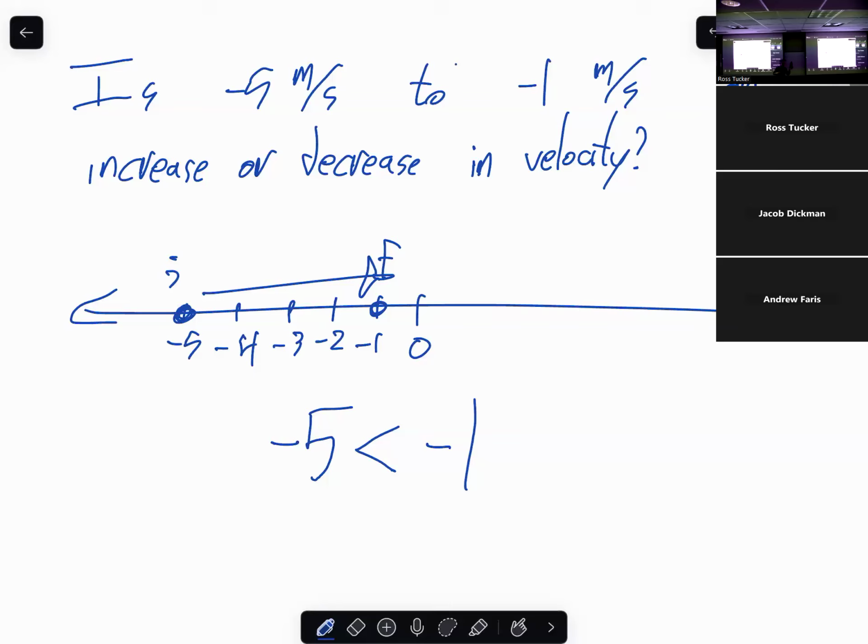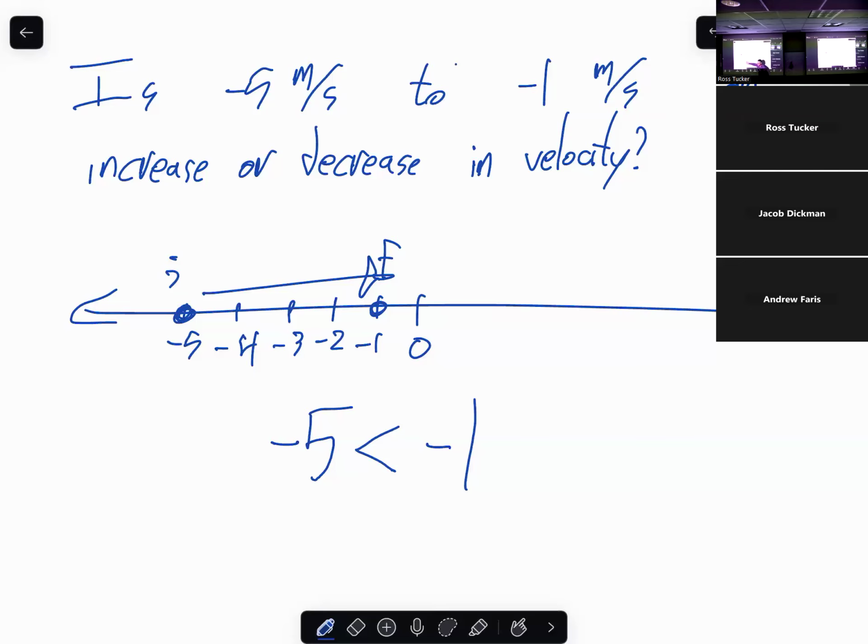With a speed of 5 meters per second, -5 velocity means I am moving in the negative direction. Every second that passes, I am moving 5 meters. -1 meters per second velocity means every second that passes, I move 1 meter downward or leftward or whatever. I'm slowing down.